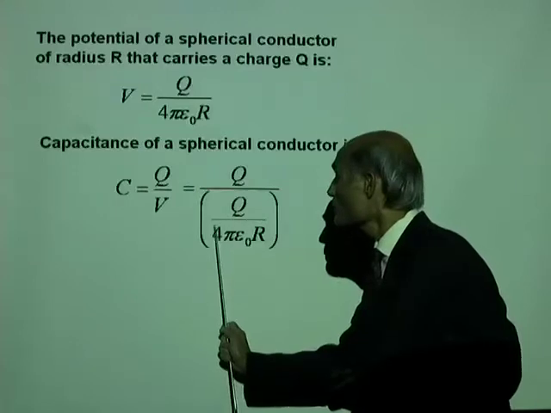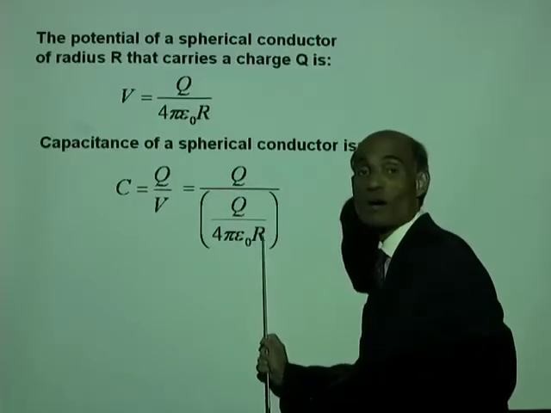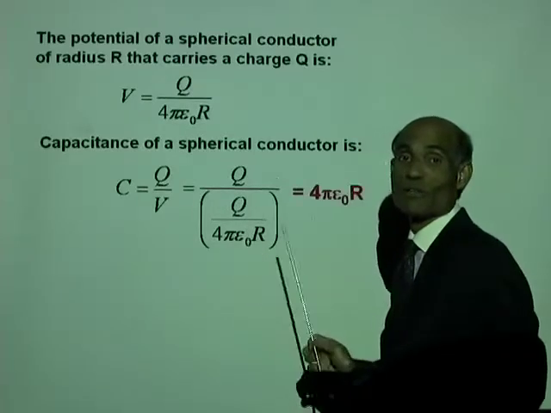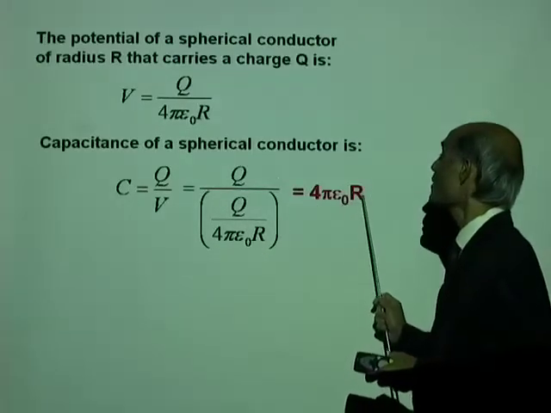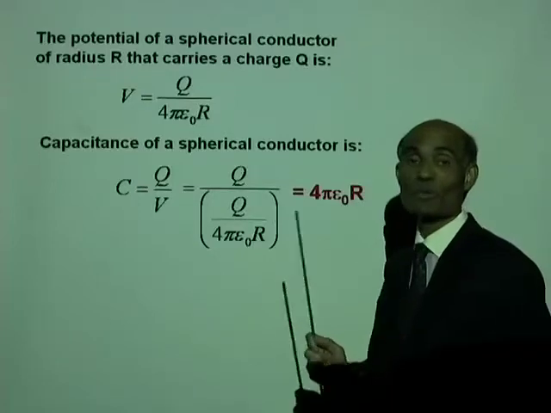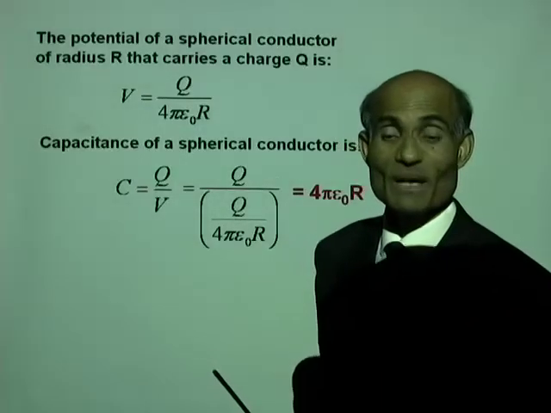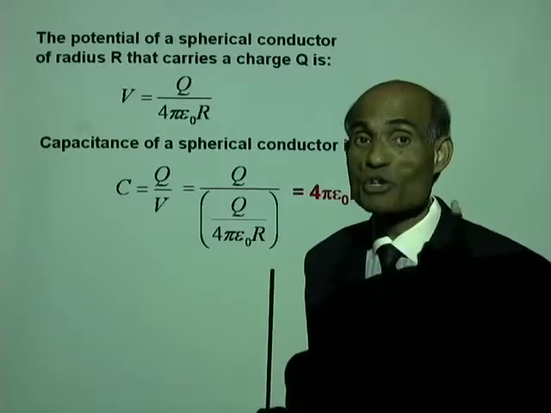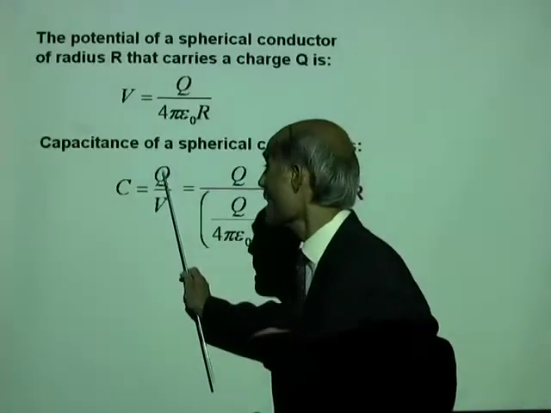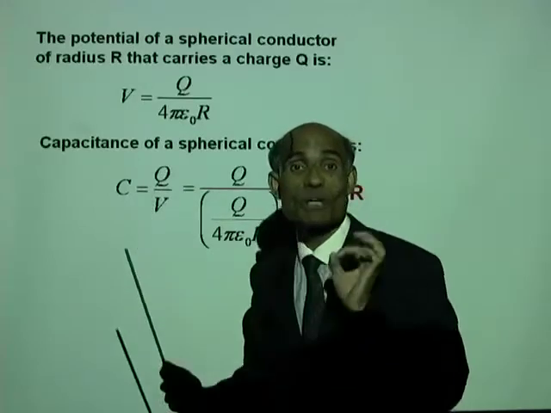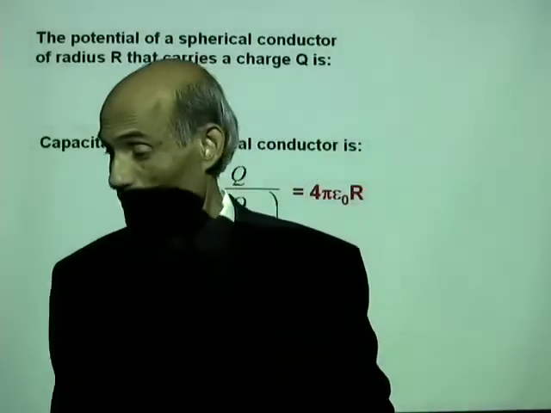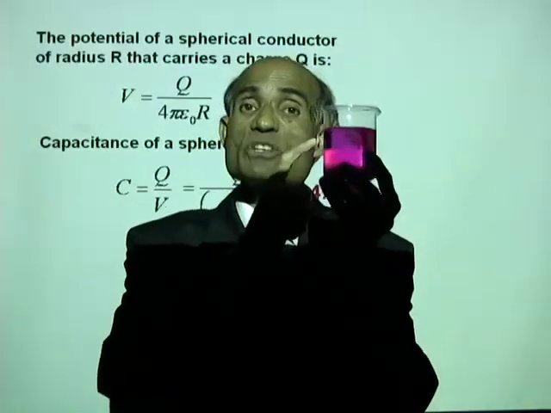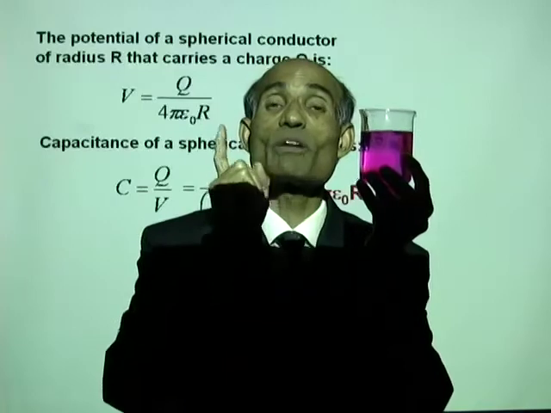That gives me the capacitance of a spherical conductor as Q divided by Q over 4 pi epsilon naught R. You can see the 4 pi epsilon naught R will go up, Q and Q will cancel. That will be 4 pi epsilon naught R. What does that tell you? Capacitance of a conductor does not depend on the amount of charge or the potential. In the same way, what does the capacity of this container depend on?